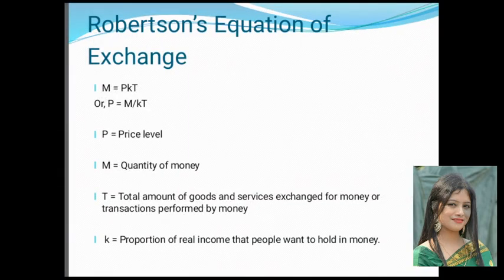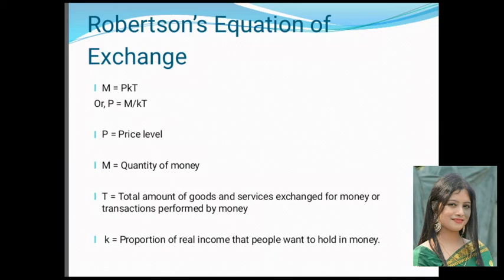The next equation was given by Robertson, which is M = PKT, where P is the price level, M is the quantity of money, and T is the total amount of goods and services exchanged for money, or transactions performed by money. K is the proportion of real income that people want to hold in money.